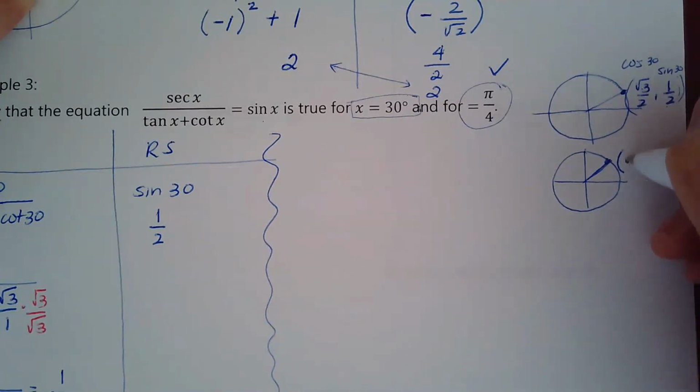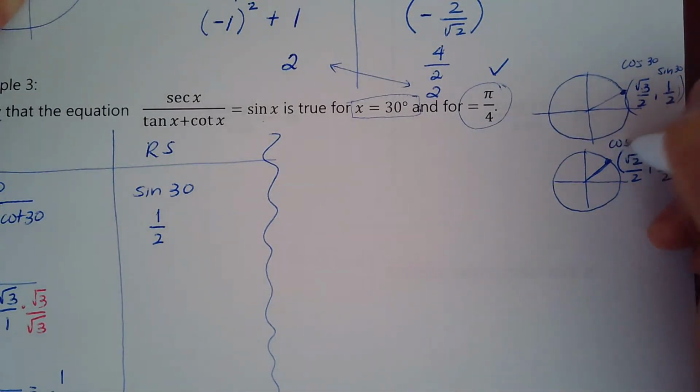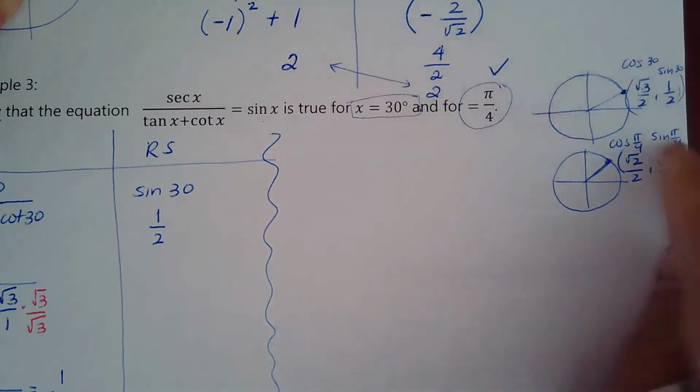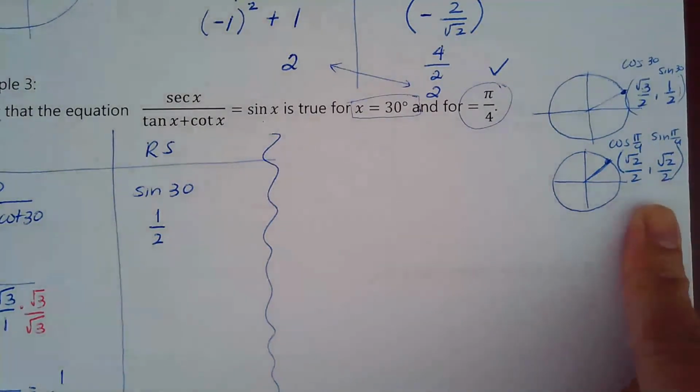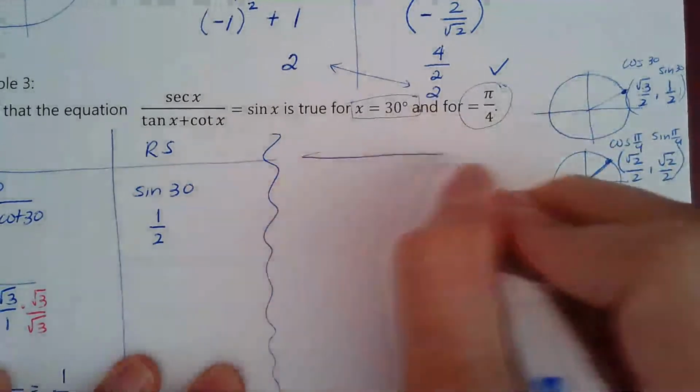That's going to be root 2 over 2, comma root 2 over 2. And this is going to be the cosine of pi by 4, and this is the sine of pi by 4. So we are familiar with this one in chapter 6. Let's try that. We're going to verify it.